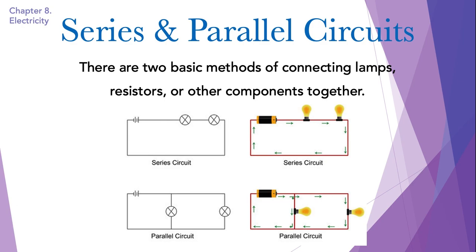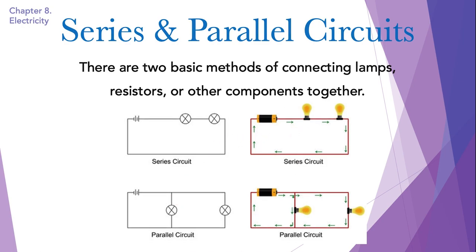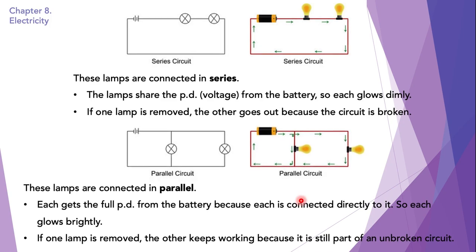There are 2 basic methods of connecting lamps, resistors, or any other component together. These circuits, as you can see here, demonstrate the differences between them. First we have the series circuit, and then we have the parallel circuit. Firstly, in the series circuit, these lamps are connected in series, one after the other, in the same wire, with the same current passage.